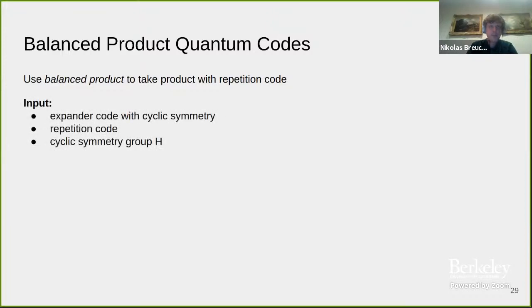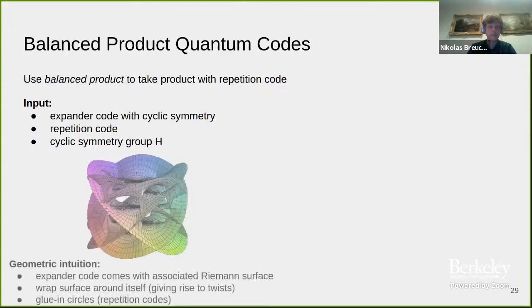And similarly to Hastings, O'Donnell, and Panteleev and Kalachev, we take products with repetition codes. So we take an expander code, which exhibits some cyclic symmetry, a repetition code, and the symmetry group itself. And just to give you some geometric intuition, because I appreciate this is a slightly technical definition: our expander codes come with some hyperbolic Riemann surfaces, in which they embed nicely.